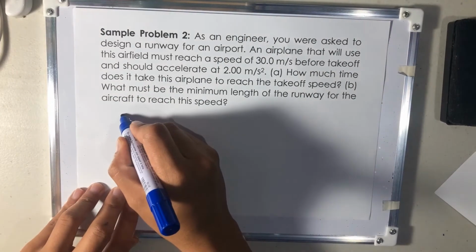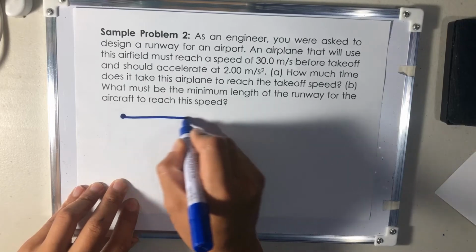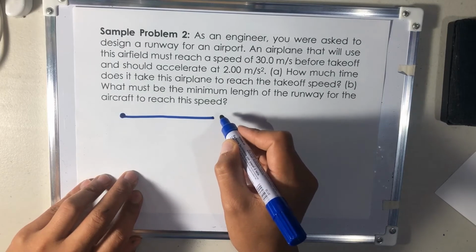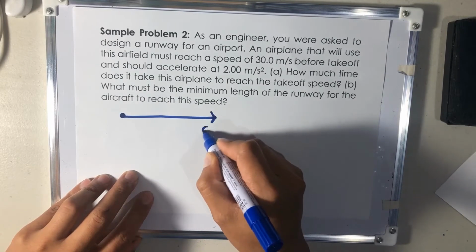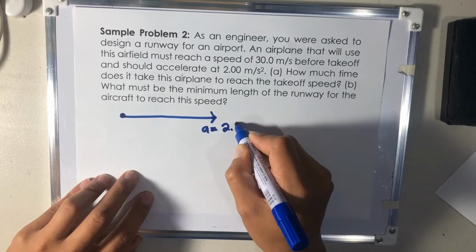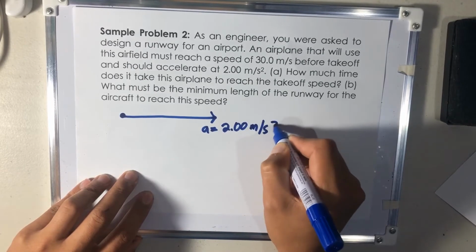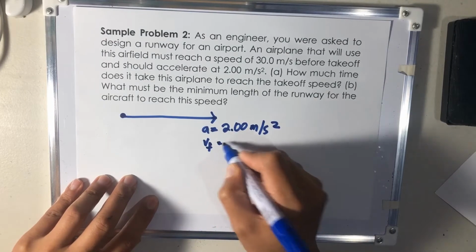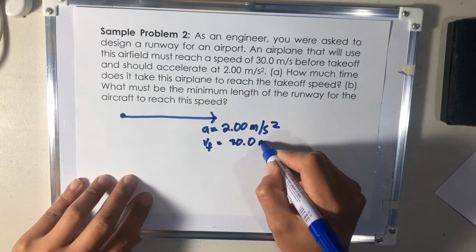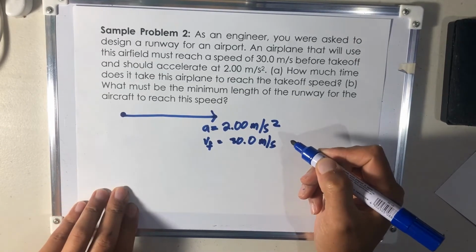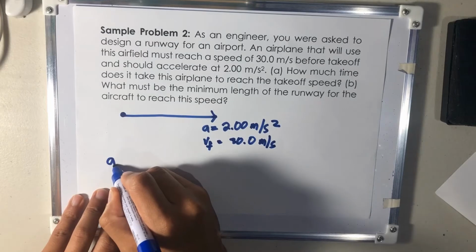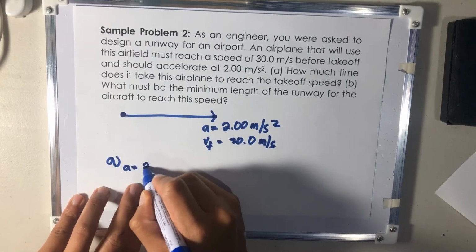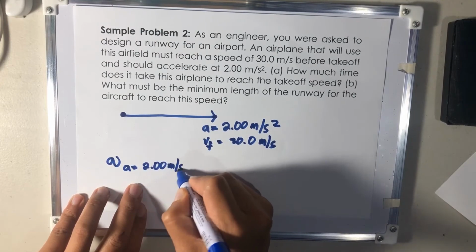So we know that there is a runway in which the airplane should take off. So at takeoff, the airplane must have an acceleration of 2.00 meters per second squared. And the final velocity at takeoff should be 30.0 meters per second. So for letter A, we know the givens: acceleration is 2.0 meters per second squared.